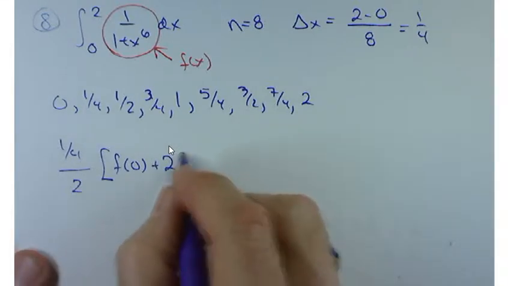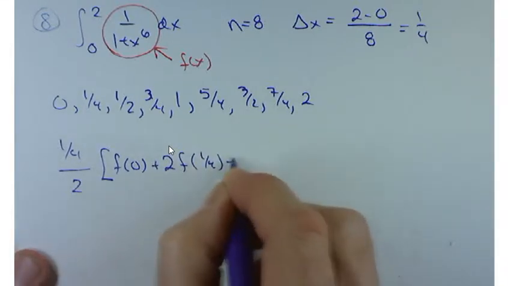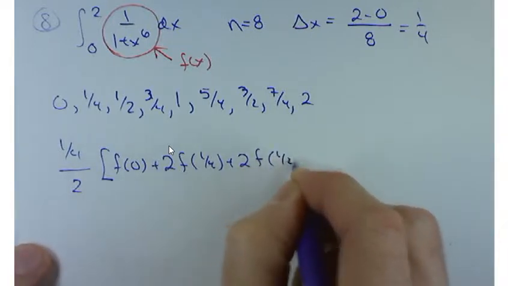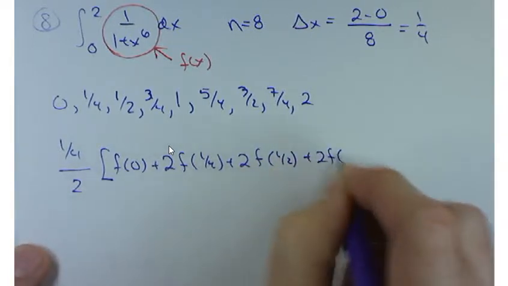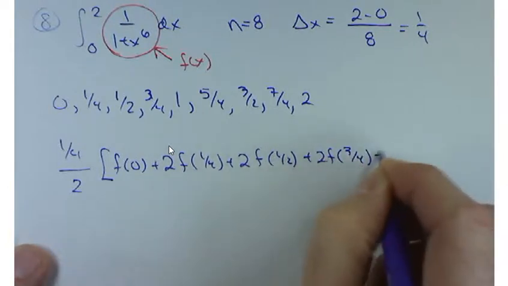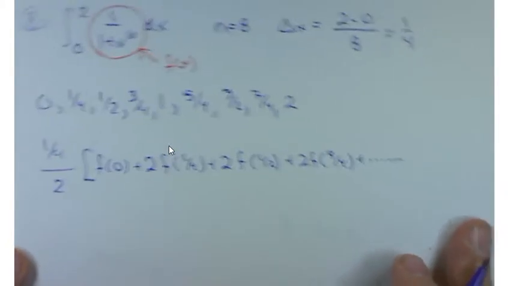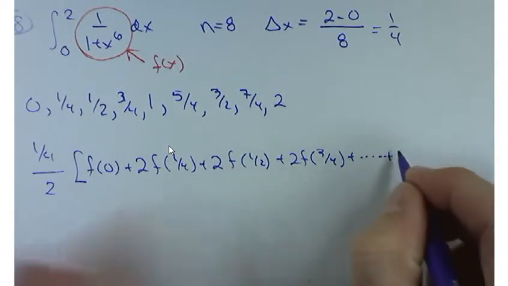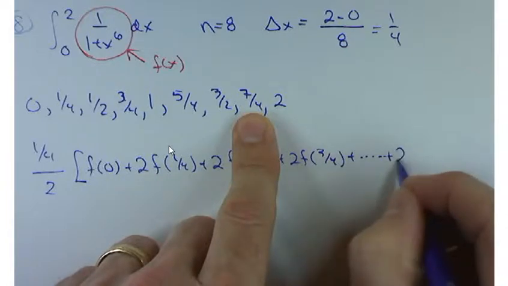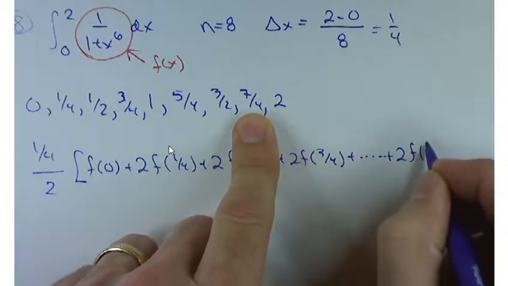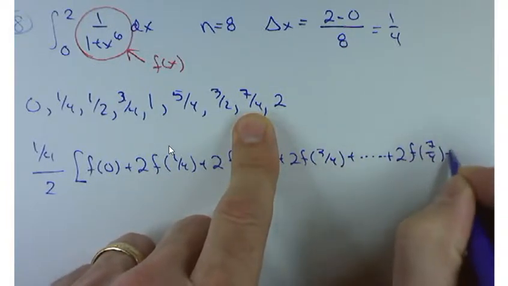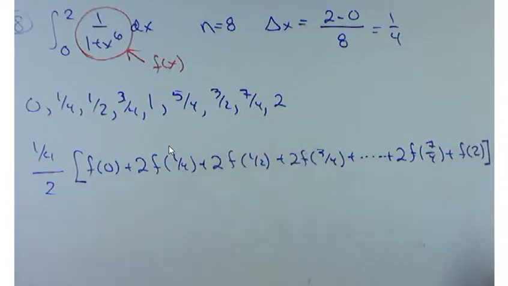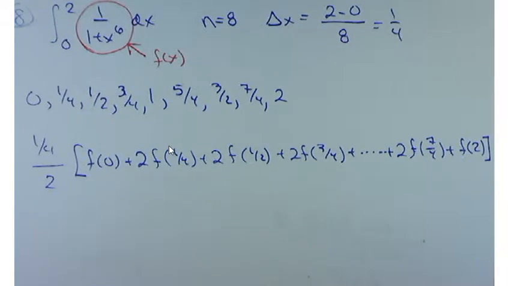So 2 times f of 1/4 plus 2 times f of 1/2 plus 2 times f of 3/4. Yada, yada, yada. Getting kind of boring here. Plus, all the way down to the second to last one, 2 times f of 7/4 plus, and the last one doesn't get doubled, f of 2. Wow.